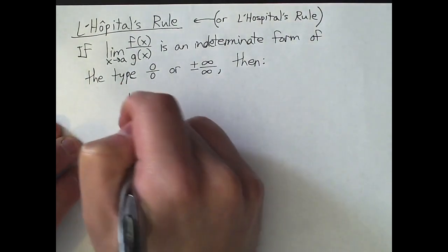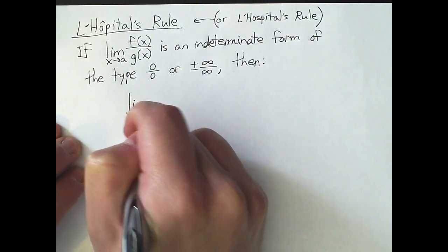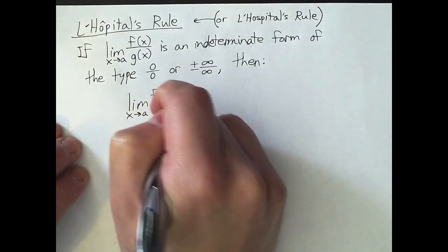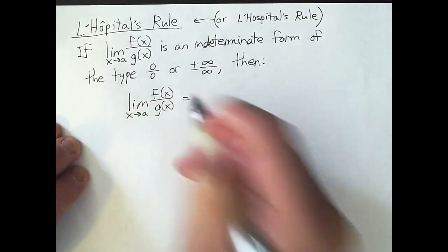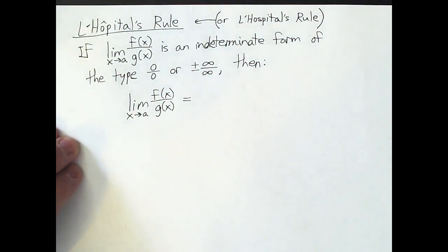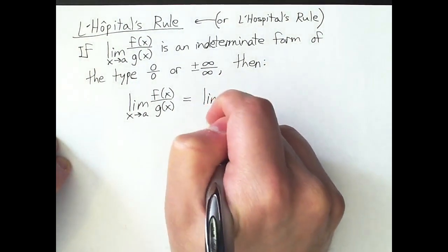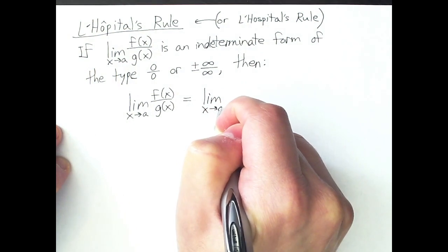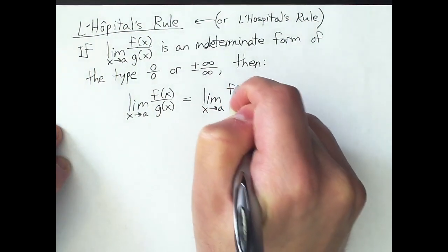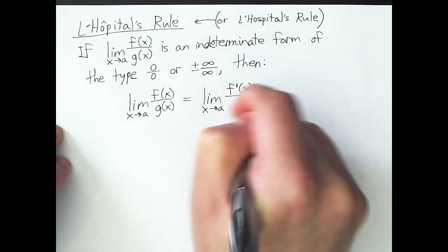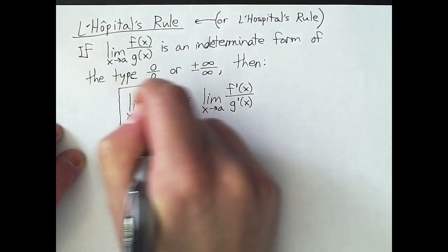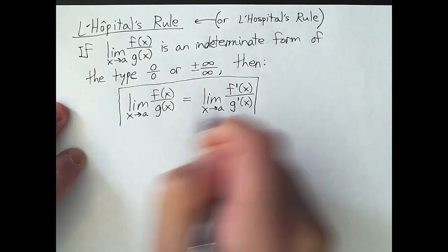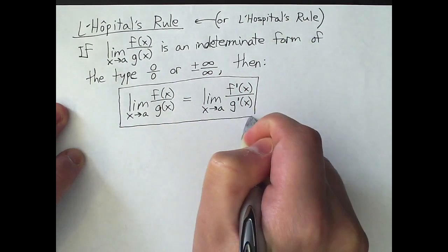The limit that we are trying to evaluate, the limit of something over something, so there's like a numerator and a denominator function. All right, ready for this formula? It equals the limit as x approaches a of f prime of x over g prime of x. Yeah, the derivative of the top and the derivative of the bottom.